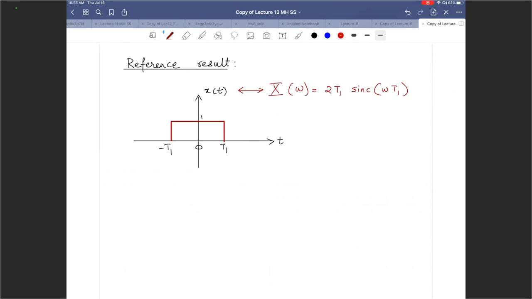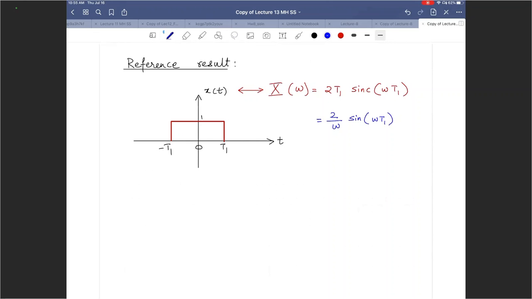Or if you want to write it in the form of the sine function, you can write that as 2 divided by omega times sine of omega t1. So sinc x is sine x over x. You can use that to write this in one of these two forms. So that's the reference result we are going to use.